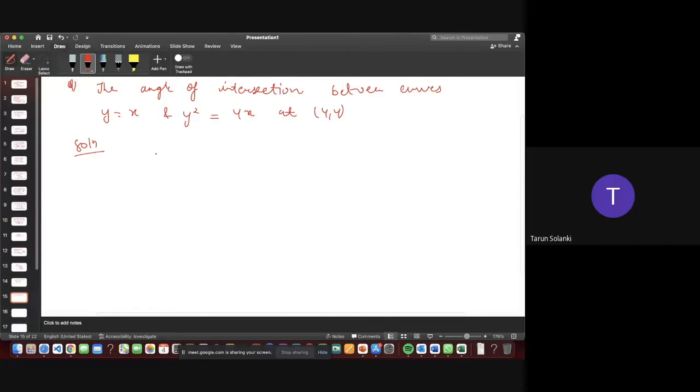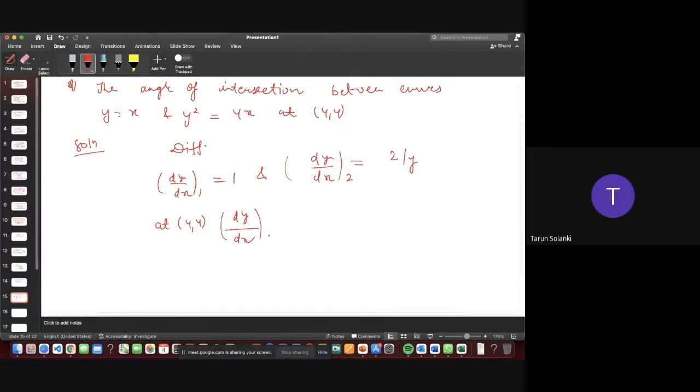So solving, first we will differentiate. So dy by dx of the first is equal to 1 and dy by dx of the second is equal to 2 by y at (4, 4).